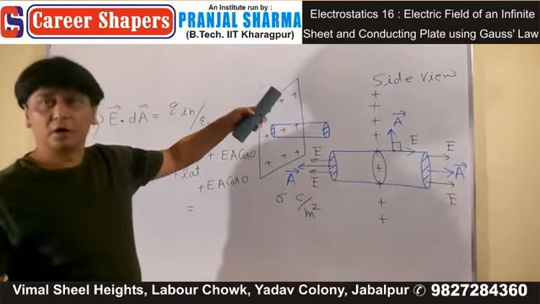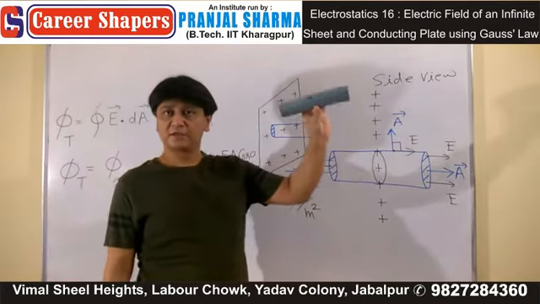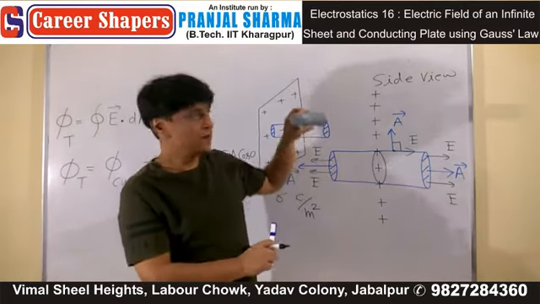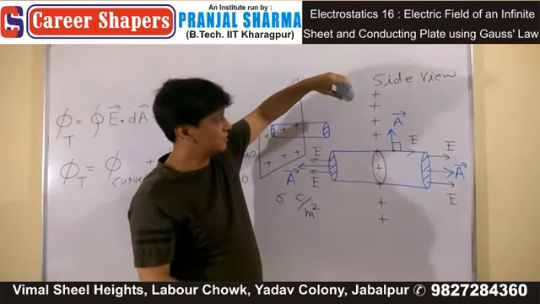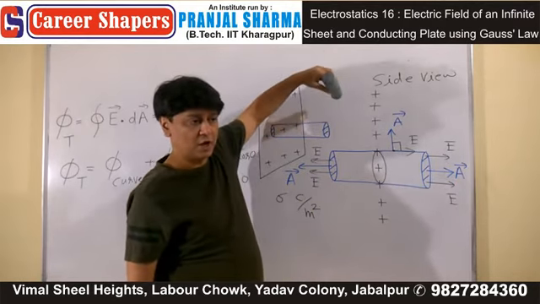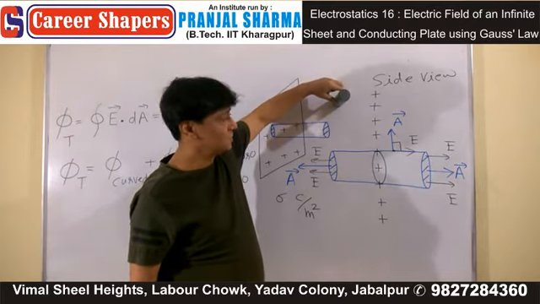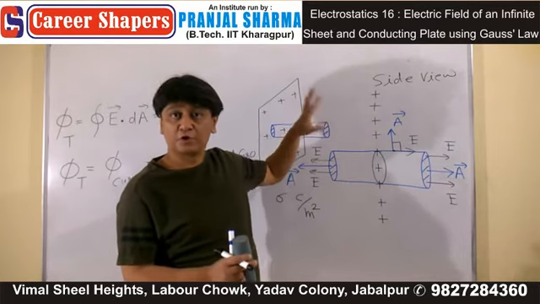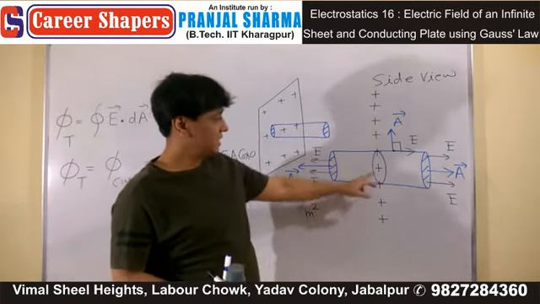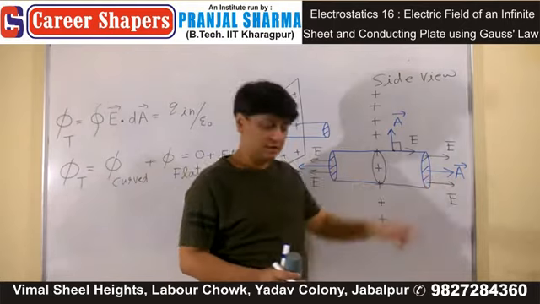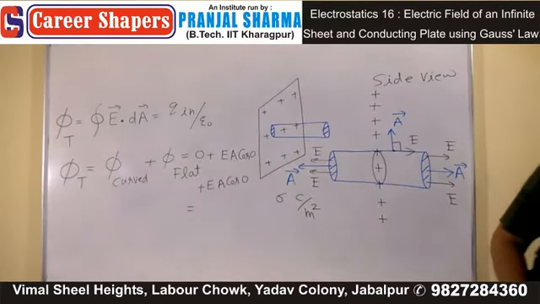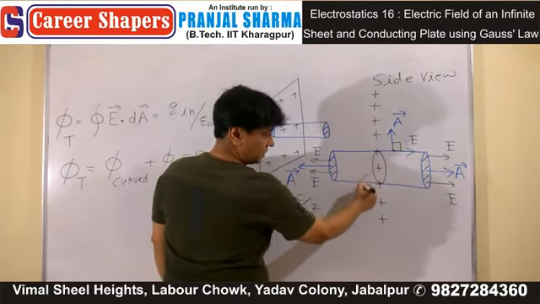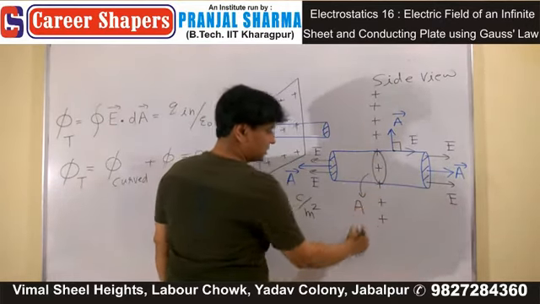If this board is your infinite sheet and this is the cylinder, this flat area is A. If I place a cylinder like this, the portion of the board which it occupies is the same as A, and therefore this area is also A.